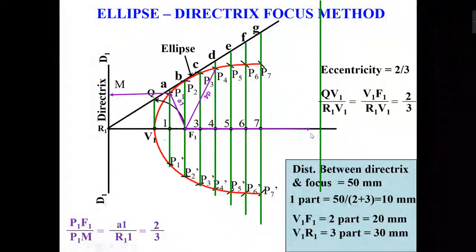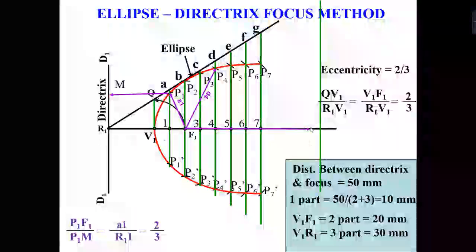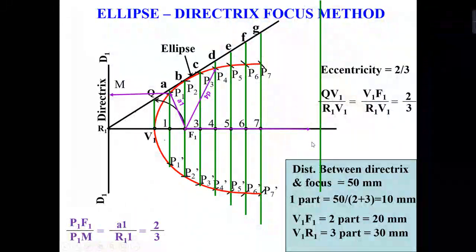Then there will be some line where your rounder will not reach up to that point. It will cut on the axis. Whenever that happens, it is your vertex V2.